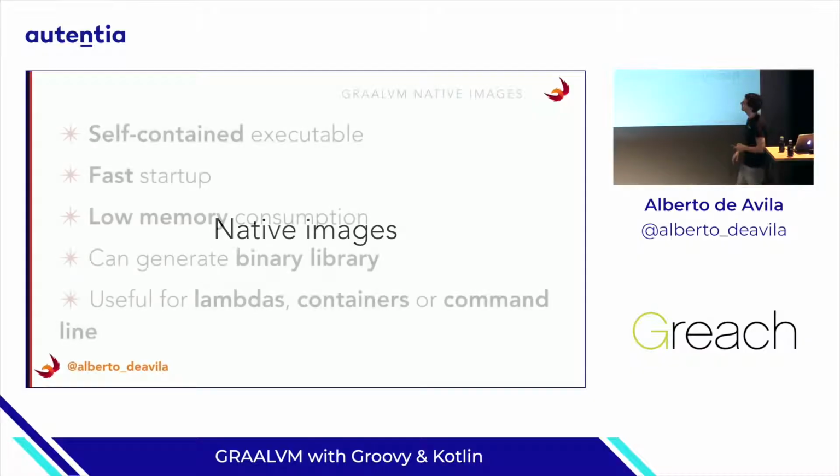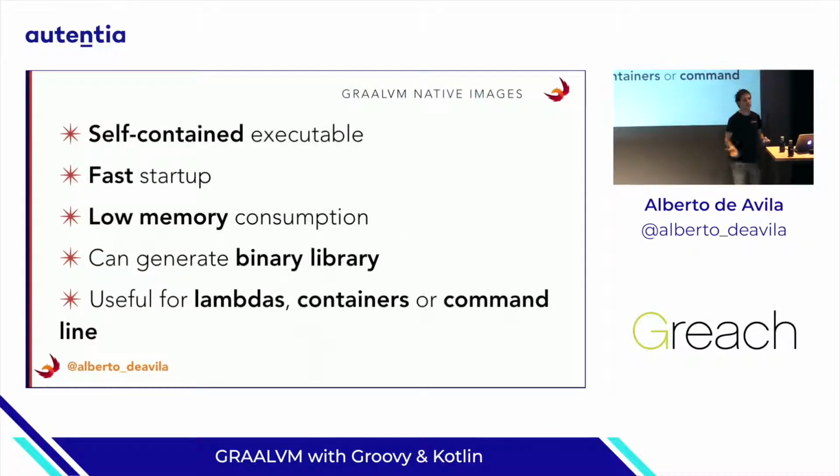Let's talk about, I think, the most popular feature of GraalVM, the native images. A native image is a self-contained executable with a fast startup and low memory consumption. And what can we do with that? We can generate, for example, a binary library, or use it in lambdas, containers, or even in the command line.